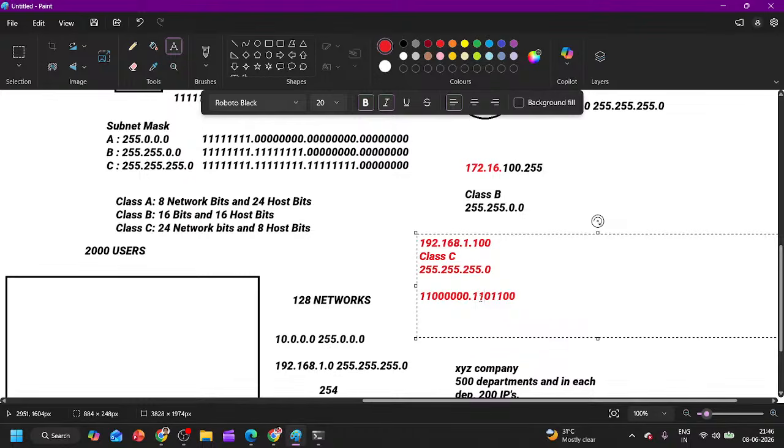Let me write it now: 1 0 1 0 1 0 0 0. This is the binary of 168. Yes, correct.